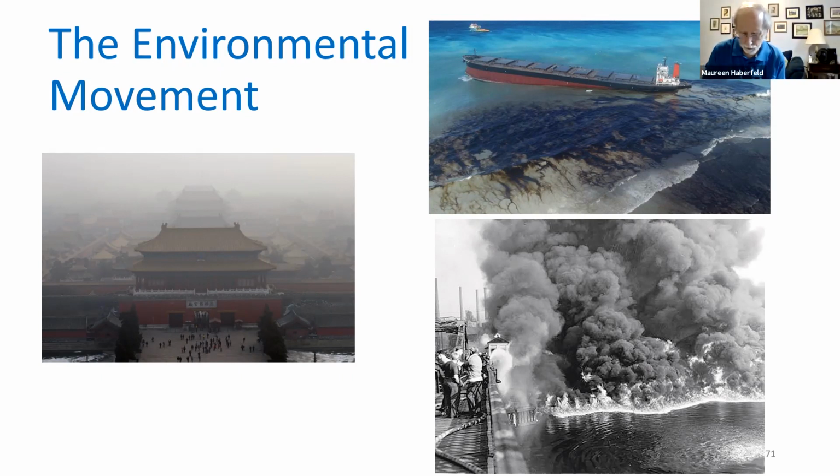All right, let's switch gears here and move on from the more mundane stuff, perhaps, to putting it all together and looking at our environment. This slide I just put up here is the environmental movement.